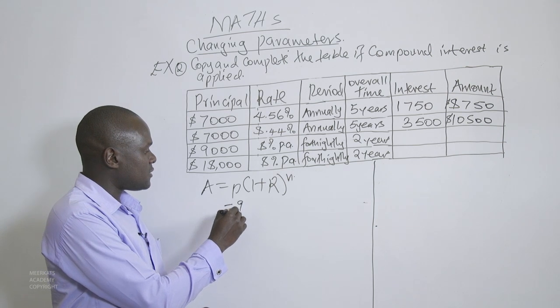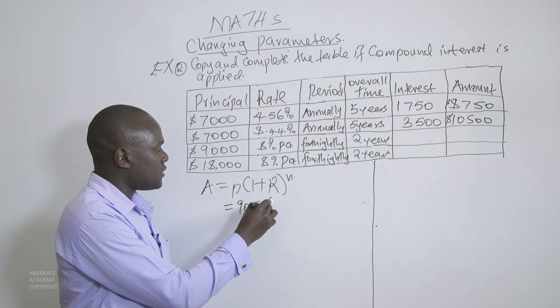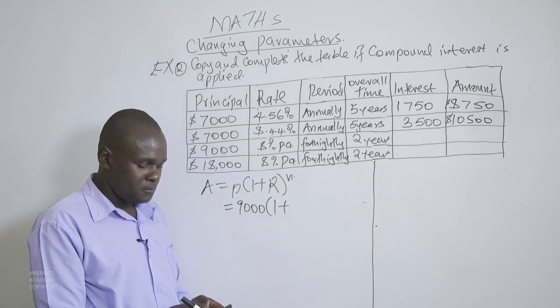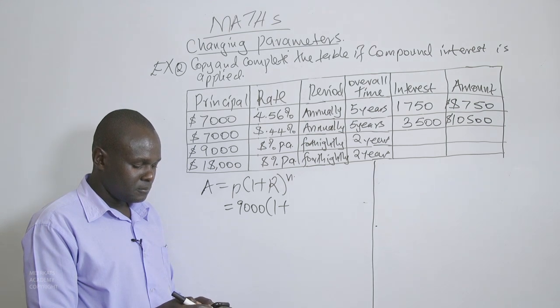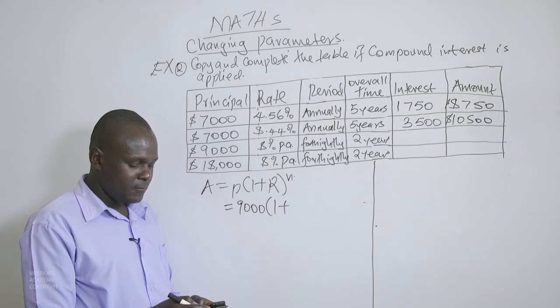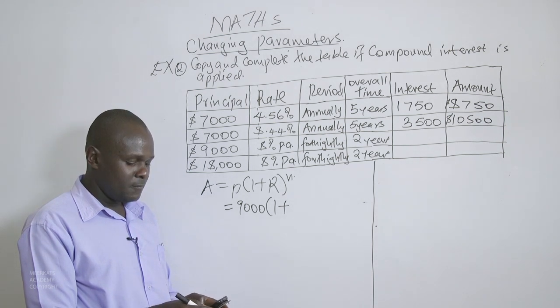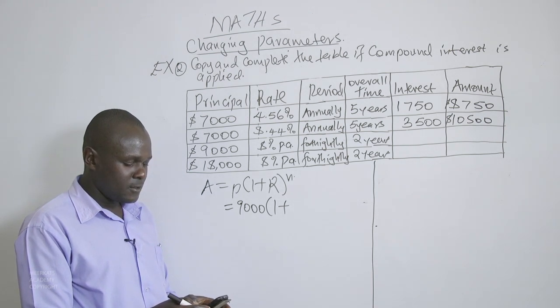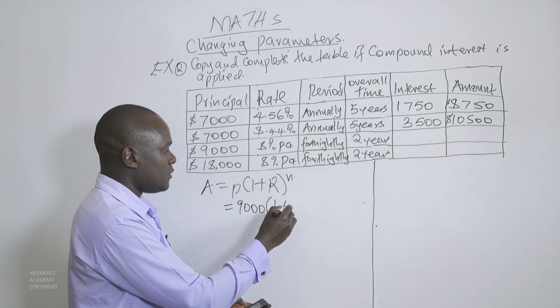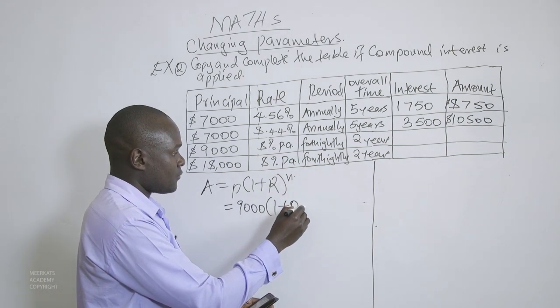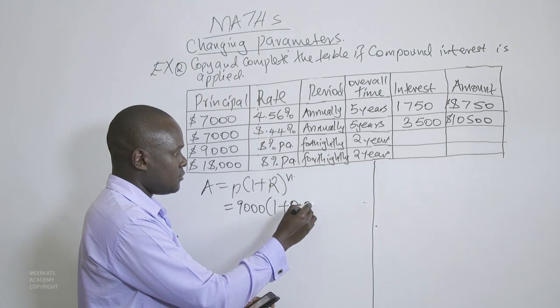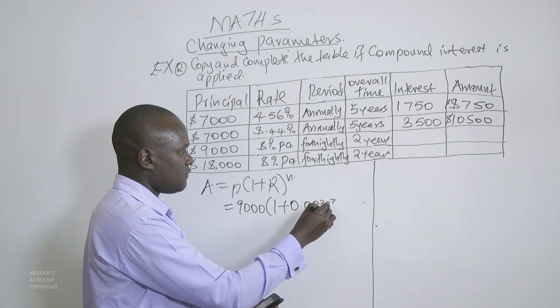And that will give us completely new rates. 8% divided by 100 to convert to a decimal. Then we divide by 26 fortnights. We will get 0.00307.